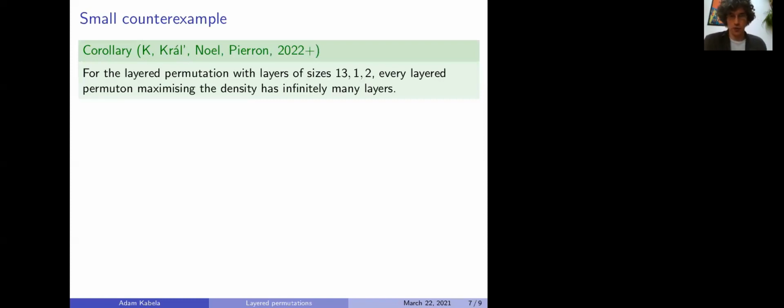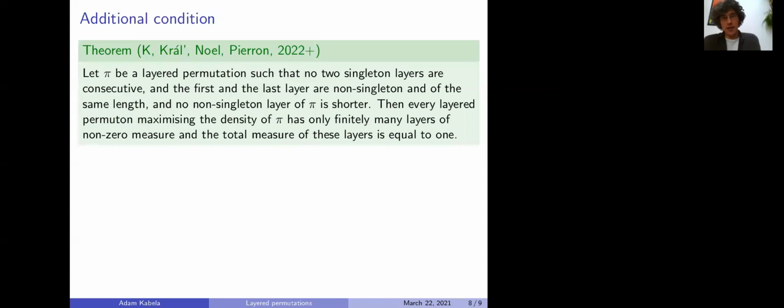As stated, unfortunately, it doesn't work. So, are there additional assumptions so that the new conjecture will work? Here we are not quite sure what the assumptions should be. So here is what we can prove for now.